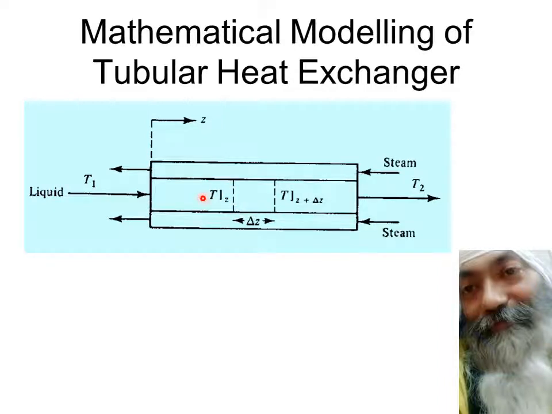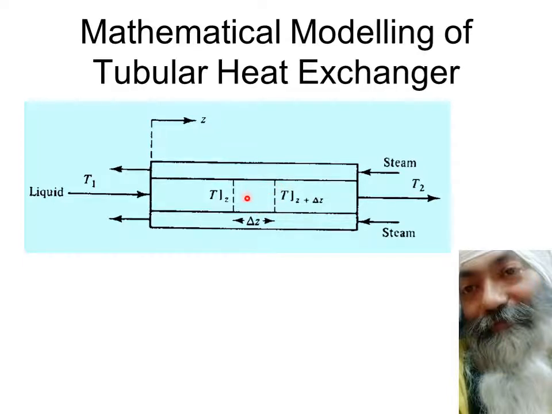So some enthalpies entering in, some enthalpies moving out, the difference of the two, plus some heat which is getting in. That total will be the thermal energy which is getting accumulated in this region.